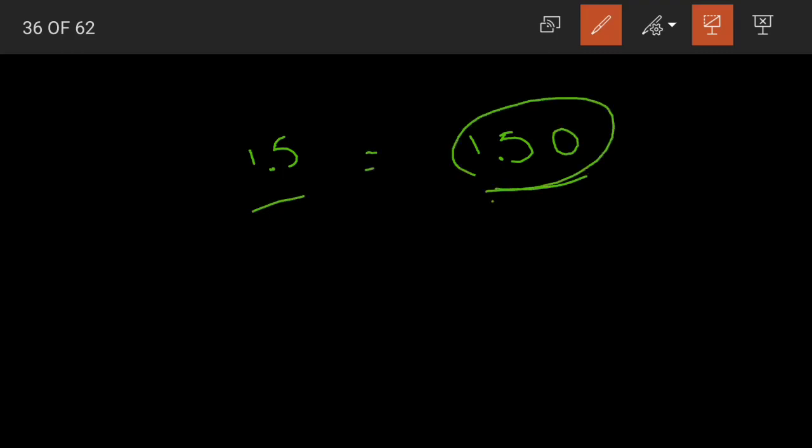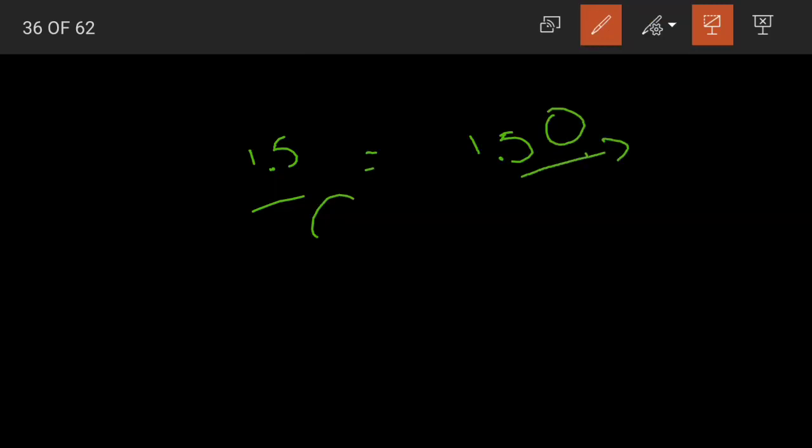Just now we have discussed that. Suppose 1.5 and 1.50. These two are equivalent decimals. Yes, 1.50 is nothing but equal to 1.5. Yes, children. So this is an equivalent decimal. How can we find an equivalent decimal? By adding a 0 to the right side of the decimal part.